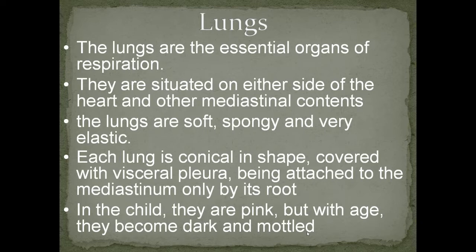In the mediastinum it is attached by its roots, and the lungs are spongy and soft. In a child they are pink, and in an adult they are dark pink.